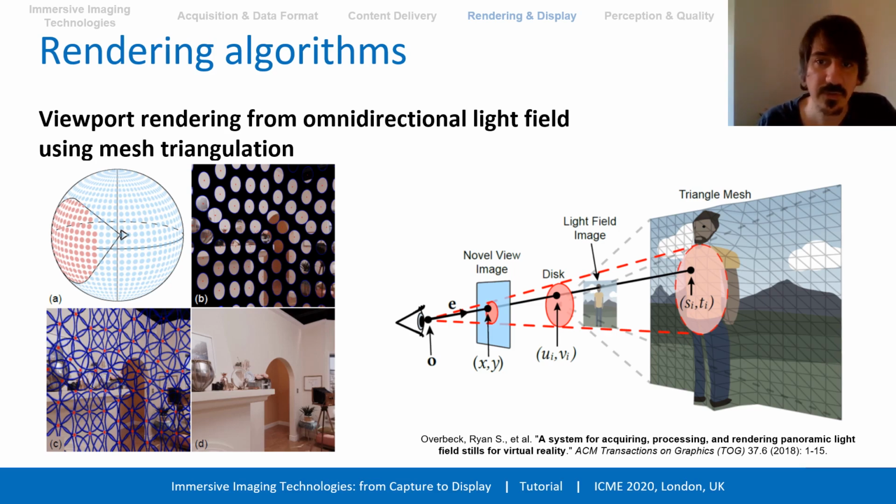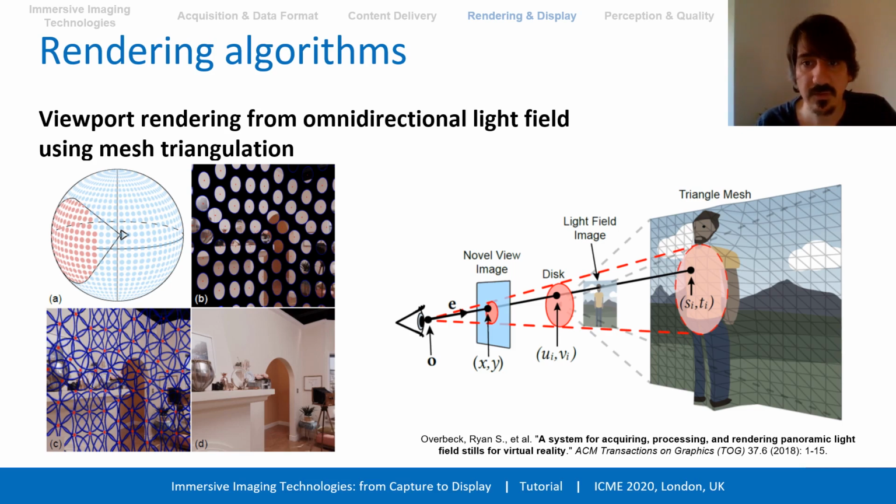So again, if we consider a virtual camera, then we can project a ray corresponding to one of the rendered image pixels into the surrounding sphere. And on this sphere, we know the position of the cameras used to capture the light field data. So centered at each camera position, we will have a disk, which will be intersected by the ray at a position which is mapped to a weight from the kernel, such that at the center of the disk, the weight is 1 and 0 at the edge.